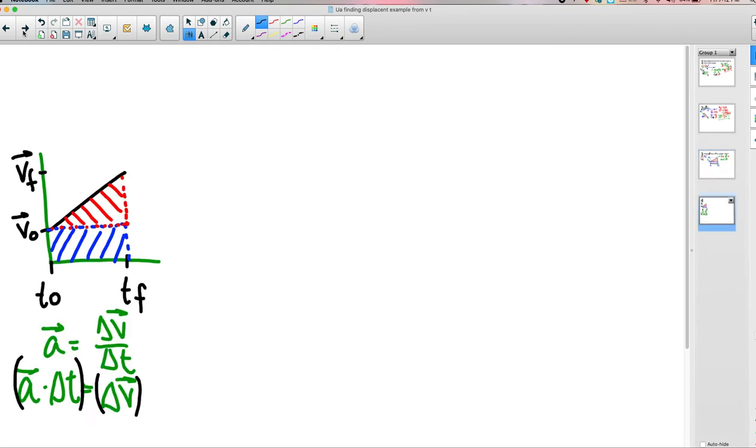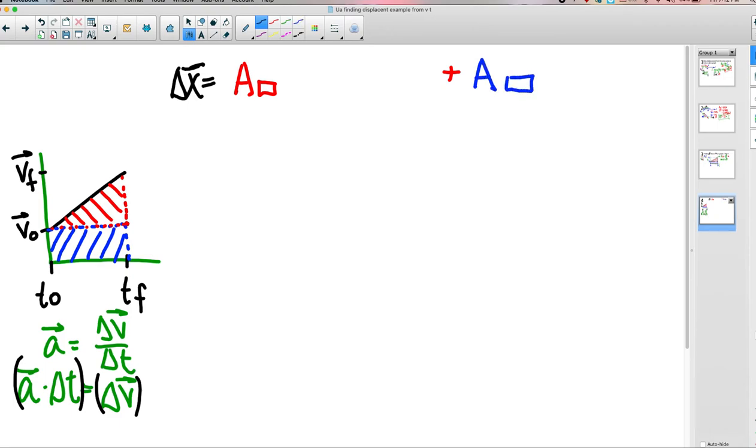So taking a look at the graph that we just built, we said that the total displacement would be equal to adding the area of the red triangle, and to that we'd want to add the area of the blue rectangle.